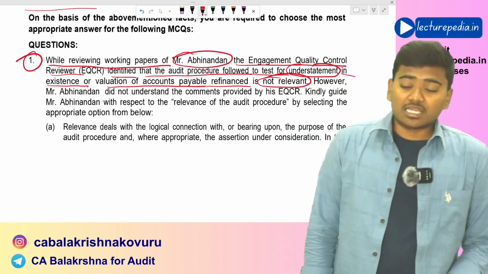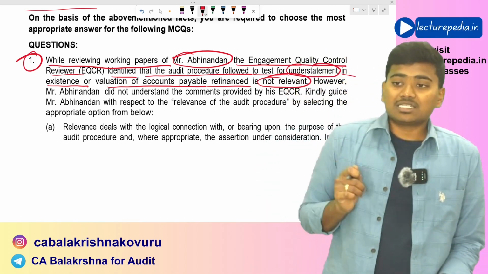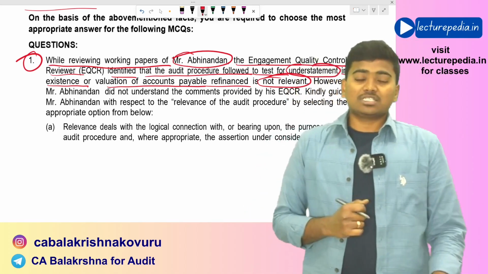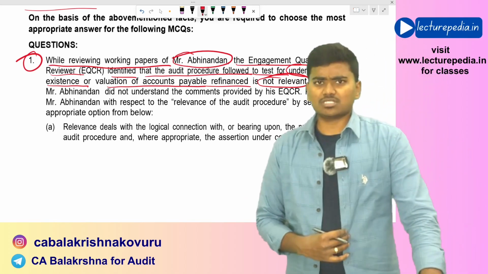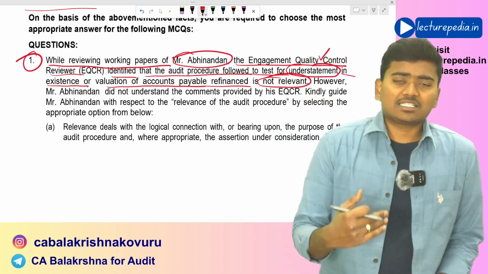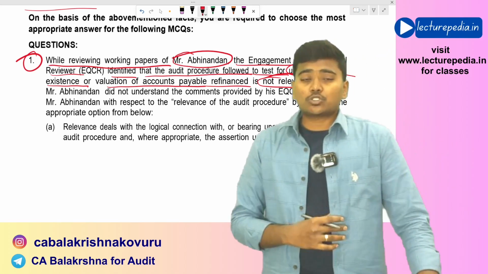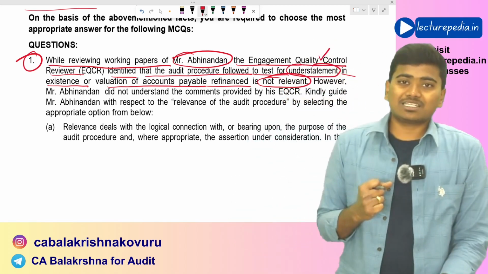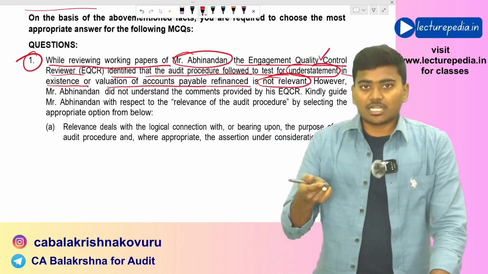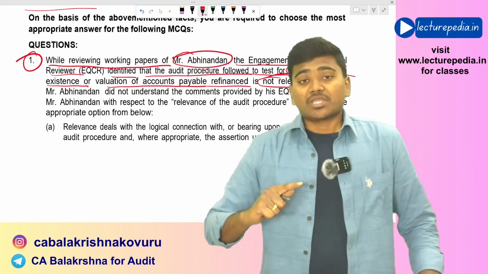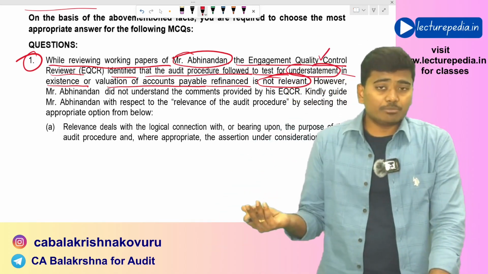The reviewer is saying that testing of trade payables is not relevant to identify the understatement. Yes, because with the help of testing the accounts payable, you can find overstatement, but with respect to understatement, you cannot get complete confidence by just testing the recorded trade payables, because there can be some other unrecorded trade payables. They might be missed.